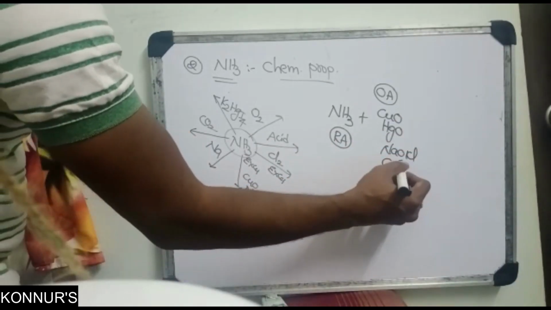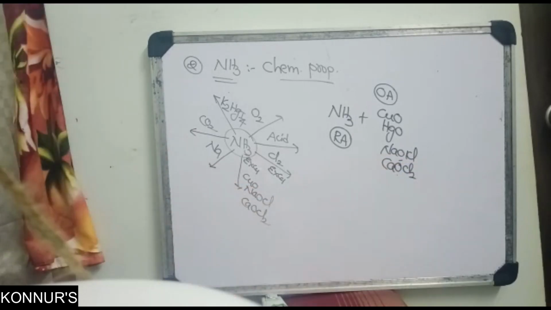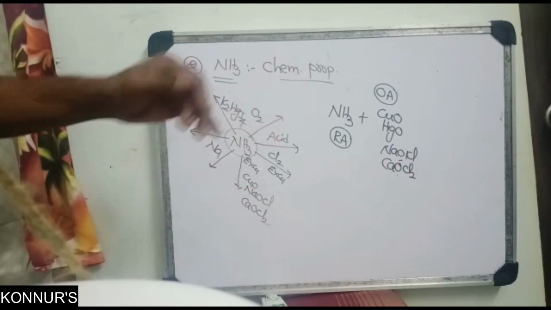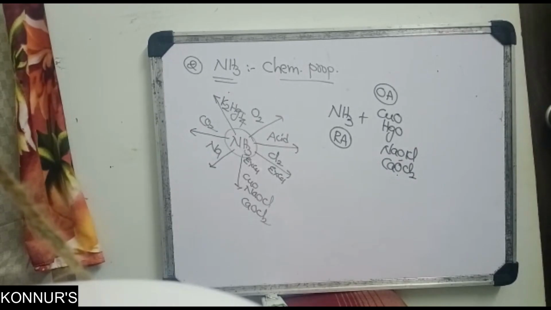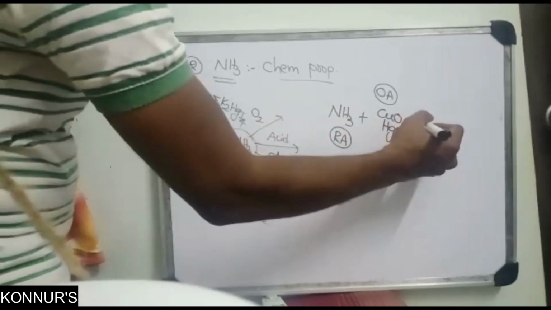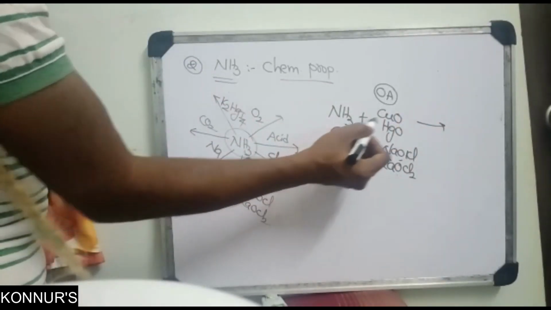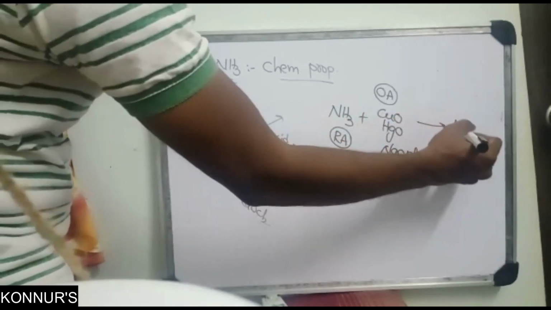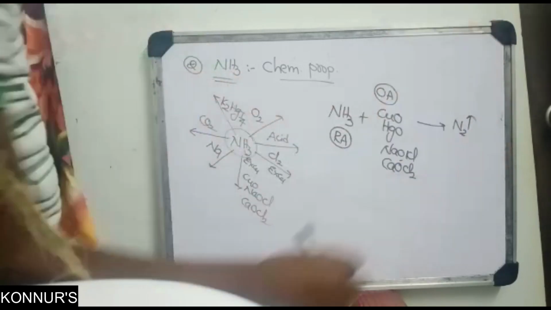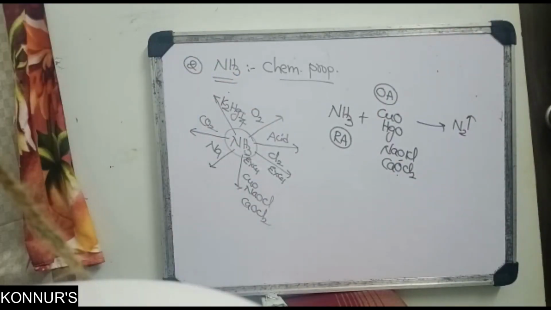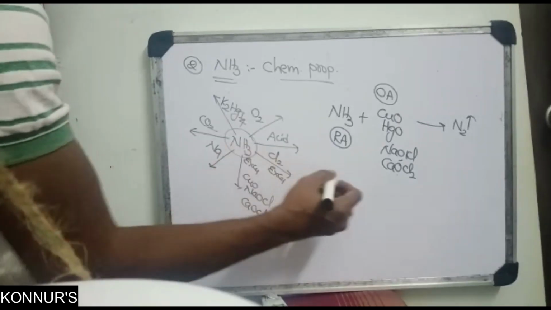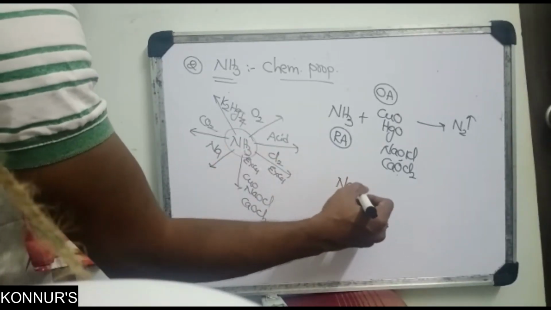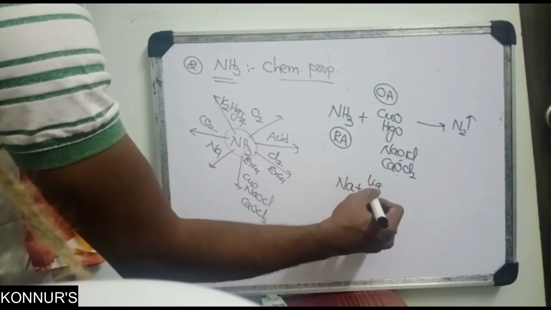Bleaching powder CaOCl2 supplies oxygen. So all are what? Oxidizing agents. So what happens here? Hydrogen is eliminated, here oxygen is eliminated. You are getting what? Nitrogen gas, plus H2O.